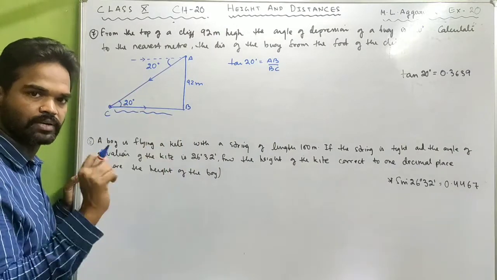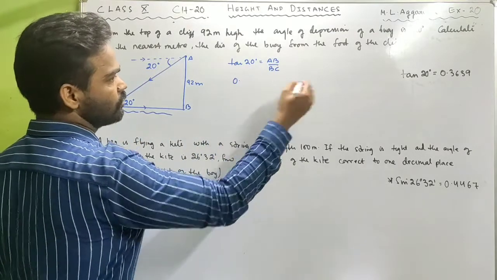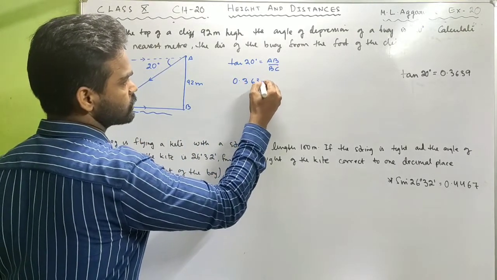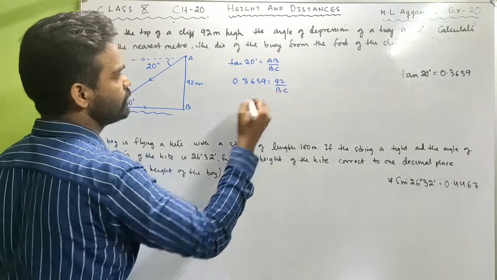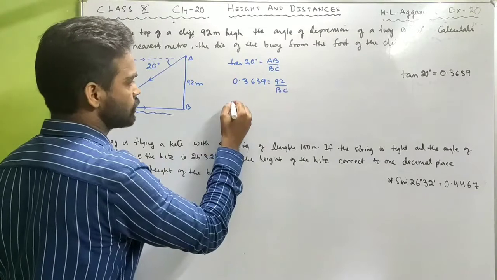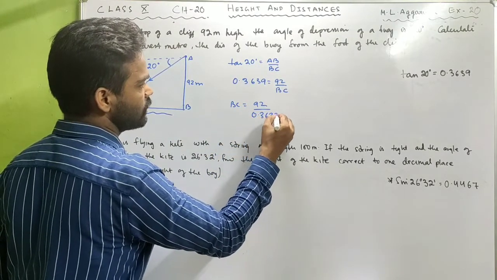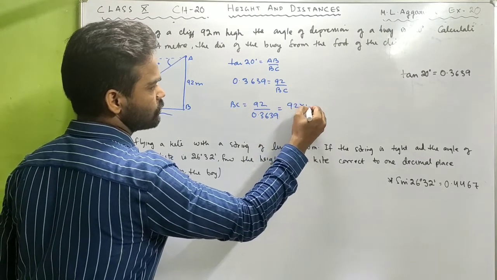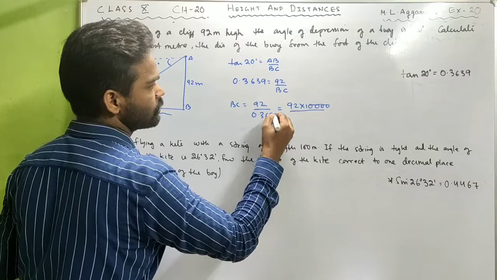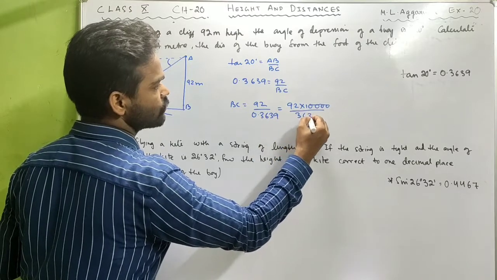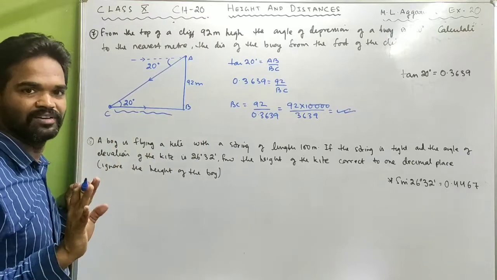They have given the trigonometrical table from there. Okay, so tan 20 I have already taken out is this. AB is 92 by BC, which means your BC will be 92 by 0.3639, which is 92 into 10,000 by 3639. You calculate this. Am I clear? I leave the calculation to you all.